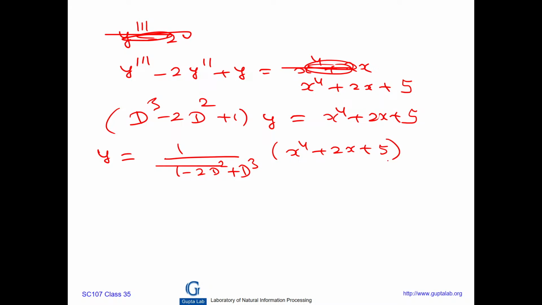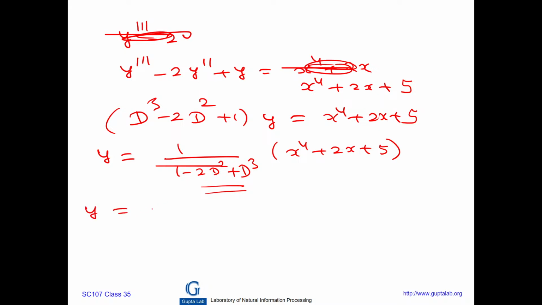If we treat it like 1 over 1 minus x, the series expansion is 1 plus x plus x square plus x cube and so on. So I am just going to treat this as a series.